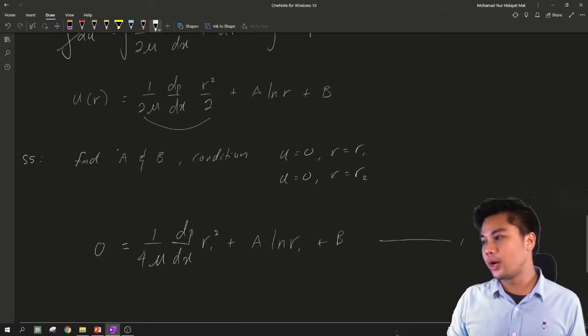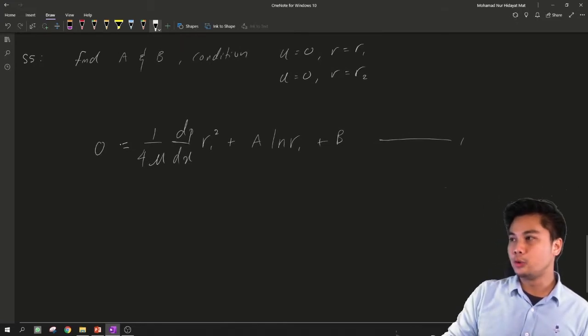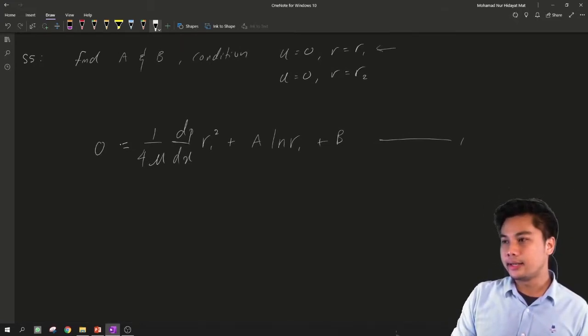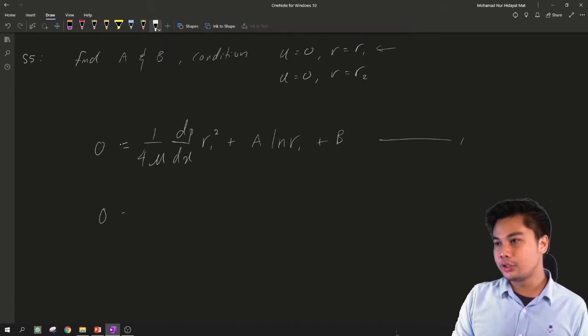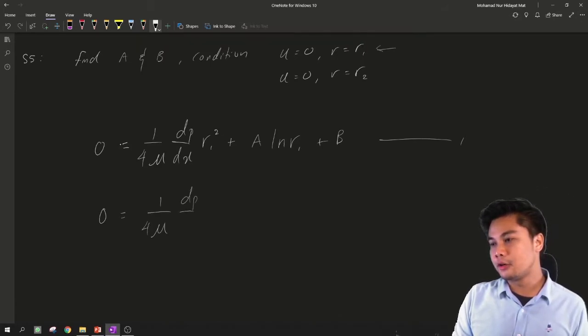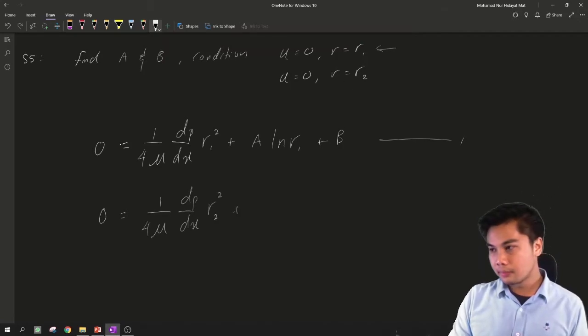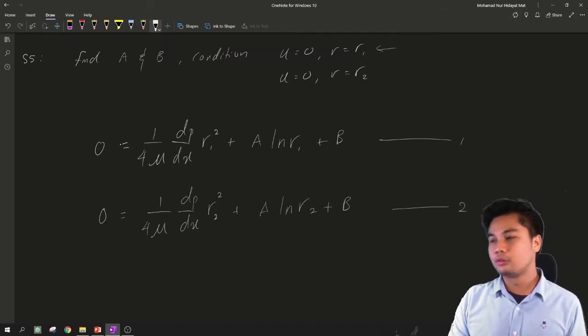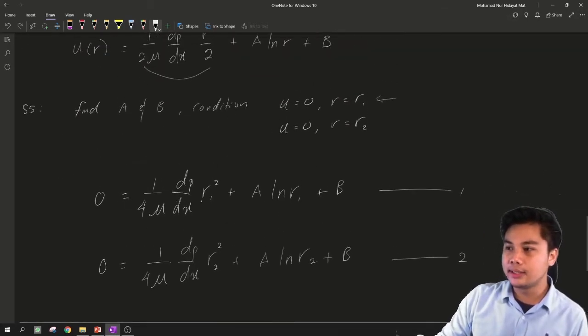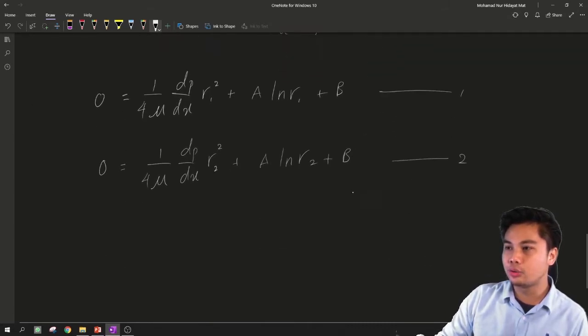This is equation 1, using this condition. Using the other condition, 0 equals 1 over 4 mu dp over dx, r2 squared plus a ln r2 plus b. This is equation 2. So you solve equations 1 and 2 simultaneously.